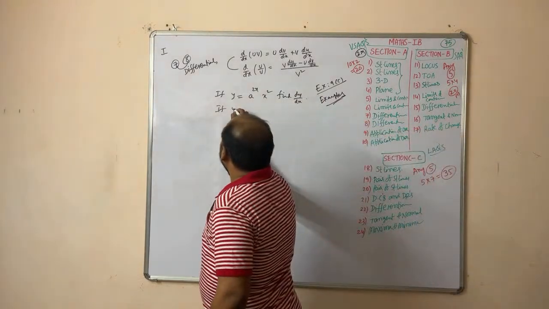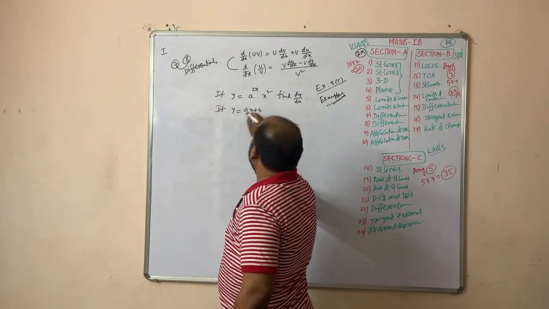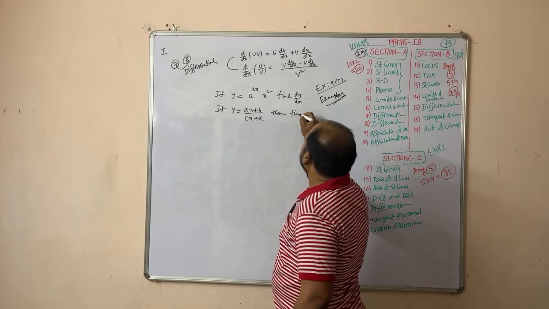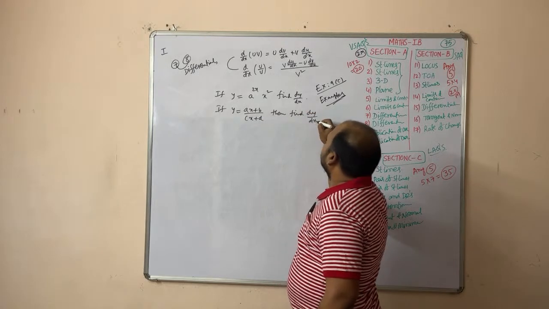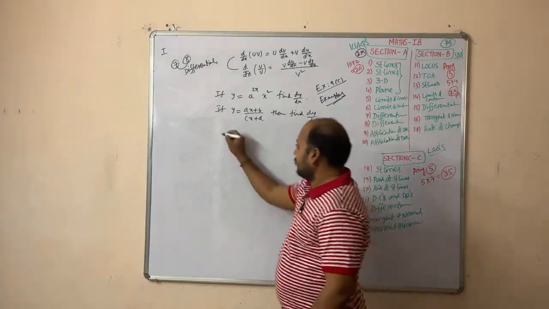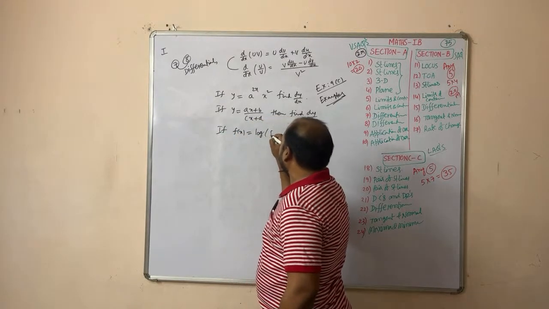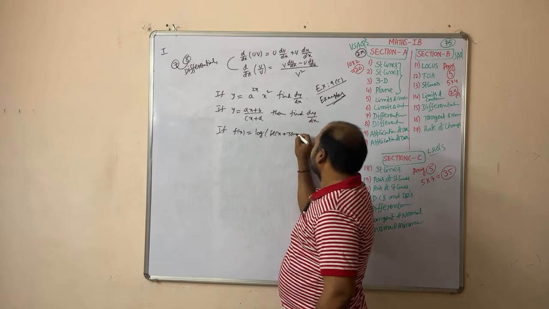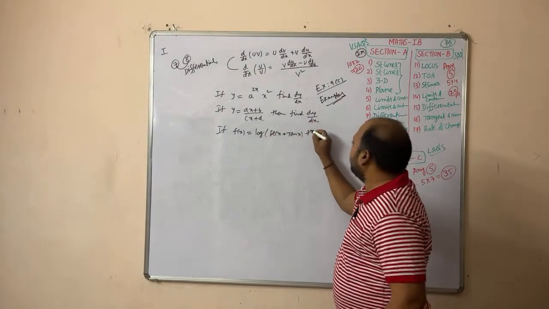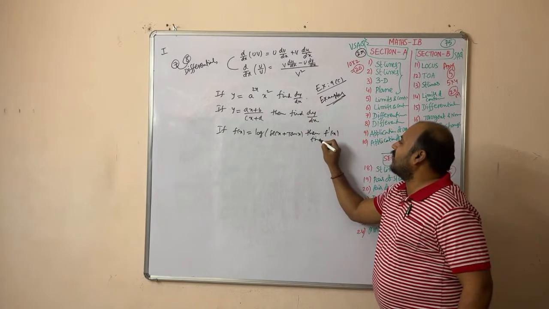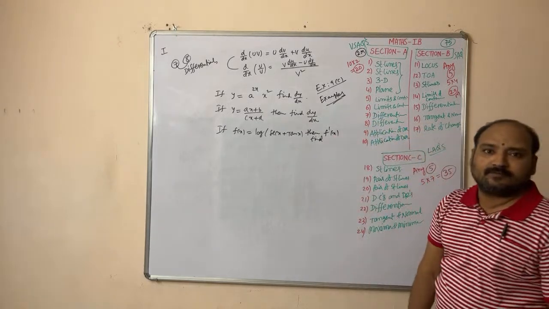Otherwise, if y is equal to (ax plus b) divided by (cx plus d), then find dy by dx. Suppose they ask, for example, if f of x is equal to log of (secant x plus tan x), then find f dash of x.